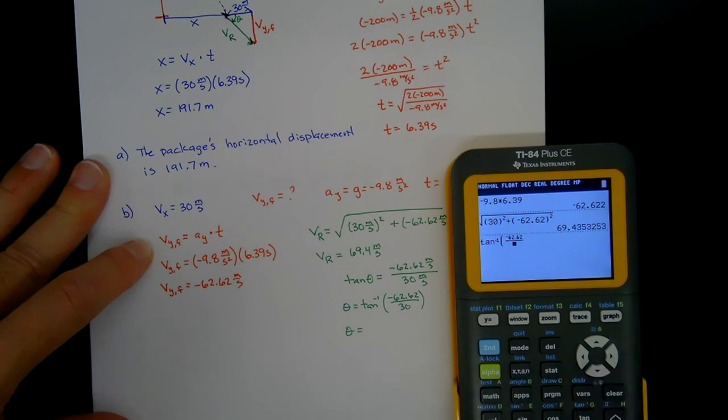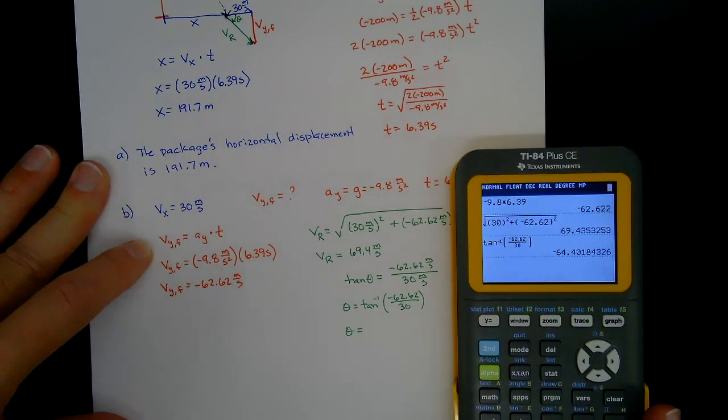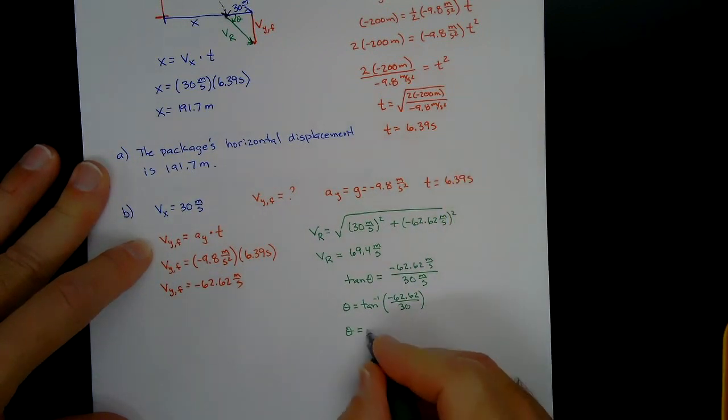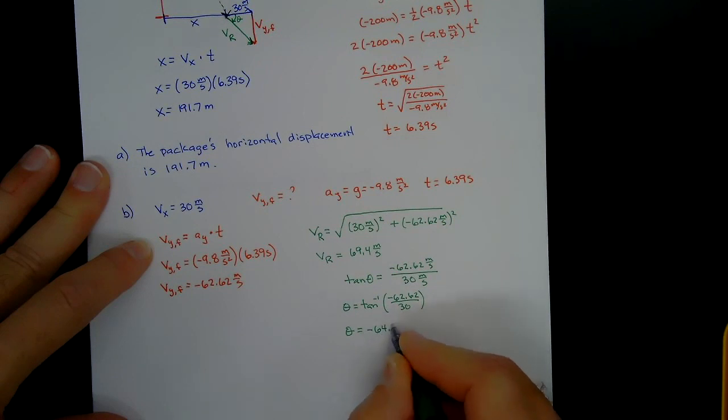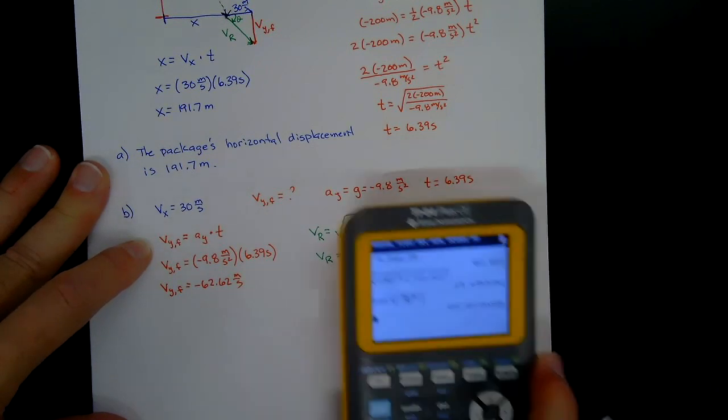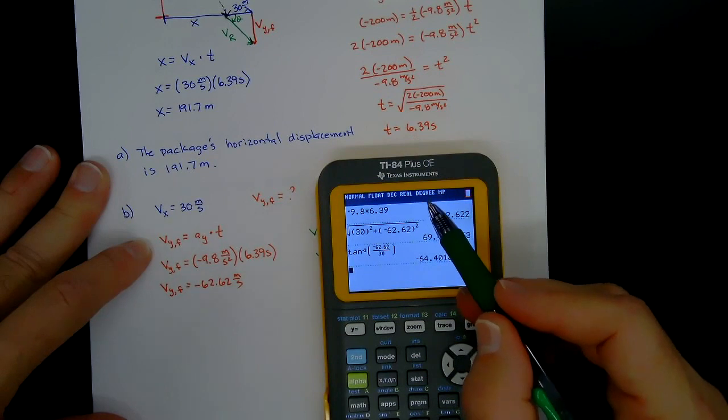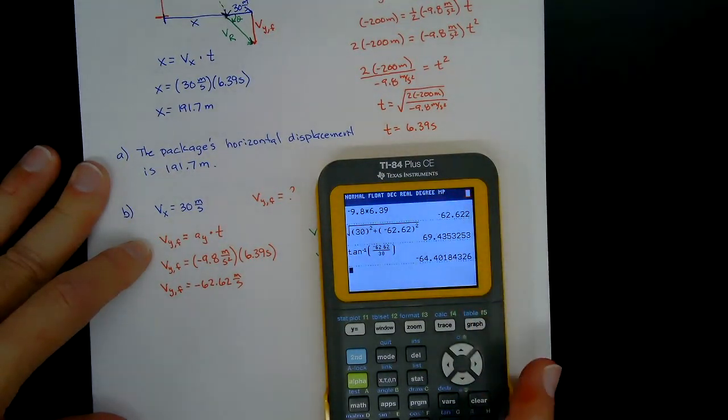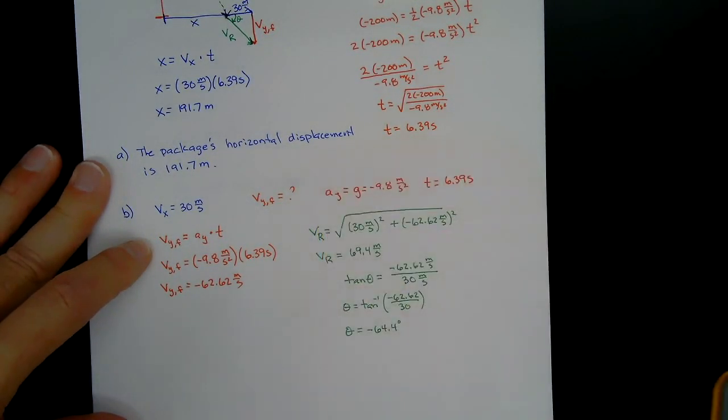And we're almost done. That gives you an angle of negative 64.4 degrees. Make sure you're in degree mode when you do that. So look at your calculator or Desmos and make sure you see the word degree or DEG.